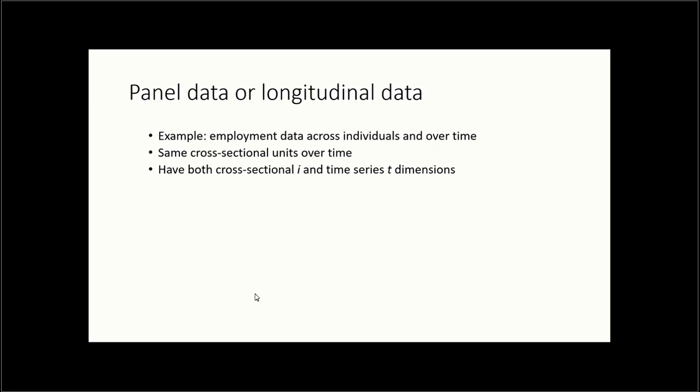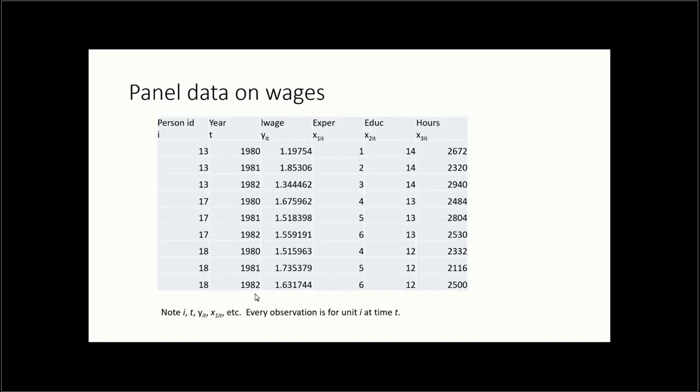So we have multiple years for them. So the most important thing to note here about the panel data is that we have the same cross-sectional units over time. So this data set has both the cross-sectional dimension I and the time series dimension T that we talked about before with cross-sectional and time series data.